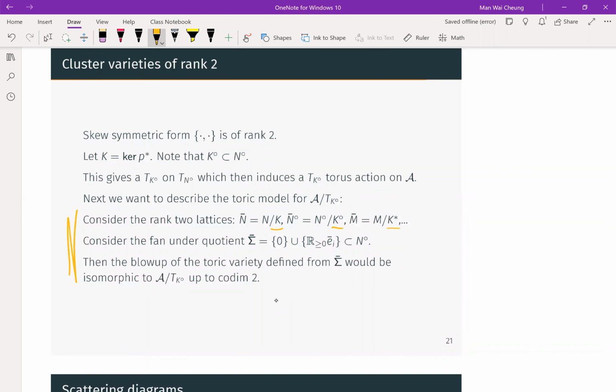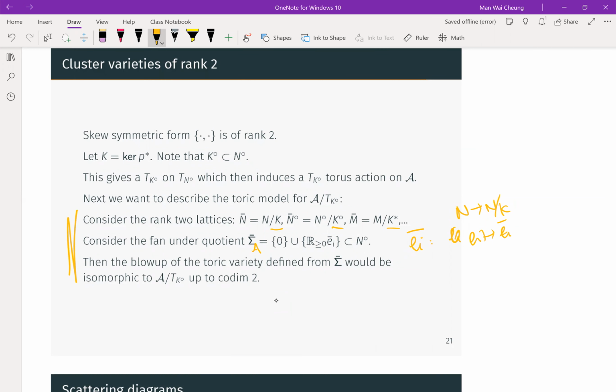We just quotient everything by K. And then we look at the fan under this quotient. Originally, the A fan is just coming from our v_i, but now I have this v_i bar, which is v_i under the projection map. The map N goes to M modulo K, and then v_i maps to v_i bar. And that's it, just quotient everything down to this lattice.